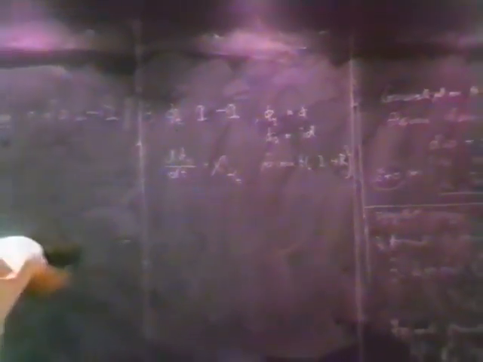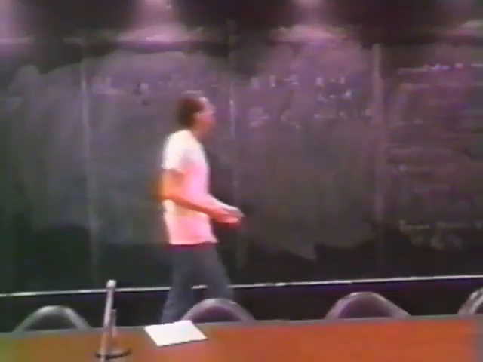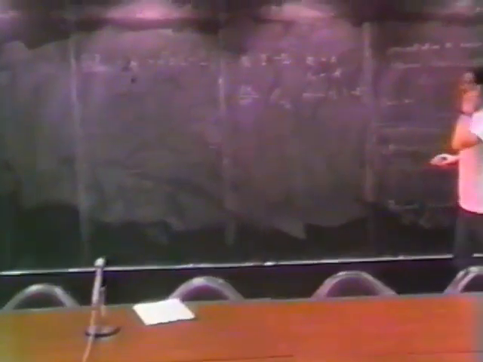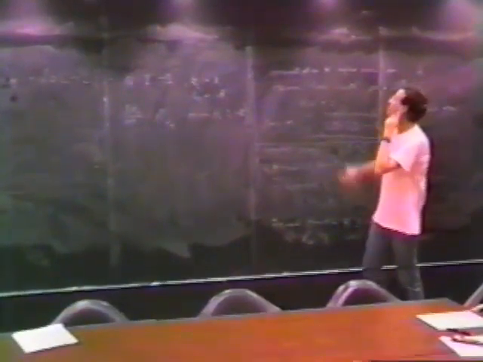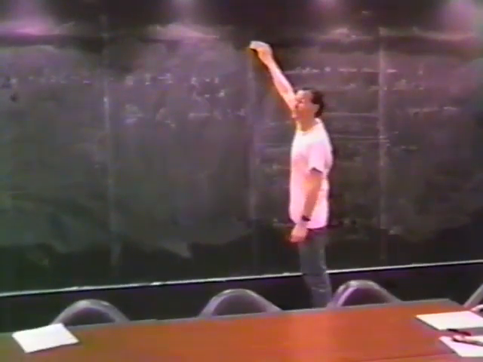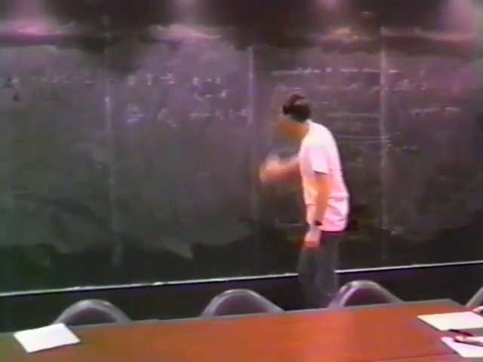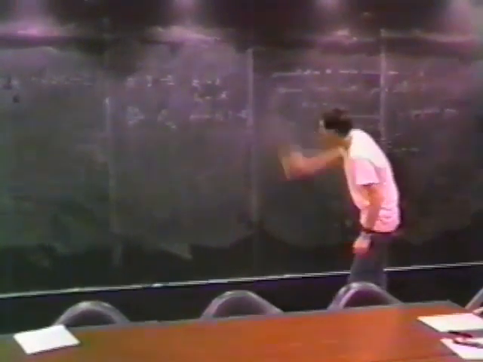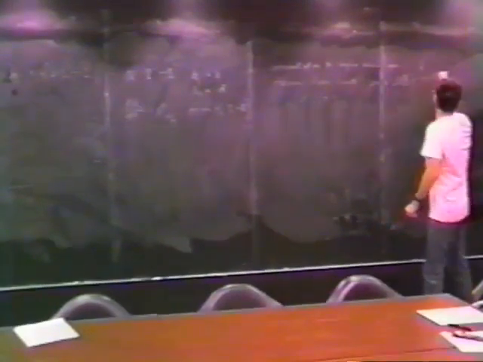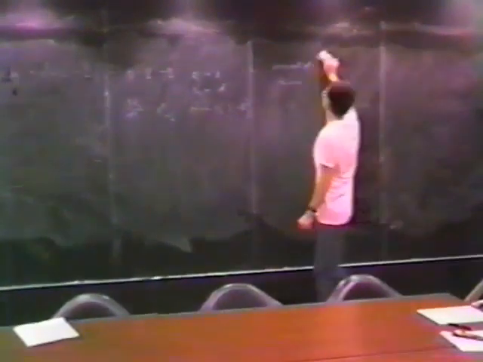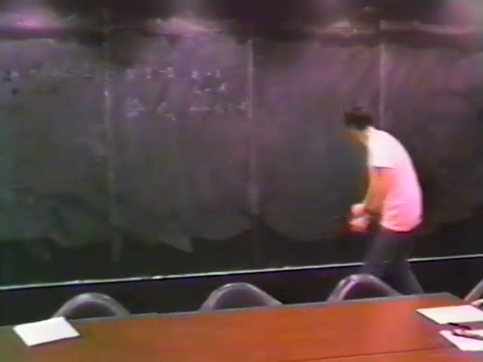So in a way, what I'm admitting here is all maps that occur in Hamiltonian dynamics, with arbitrary time-dependent Hamiltonians.